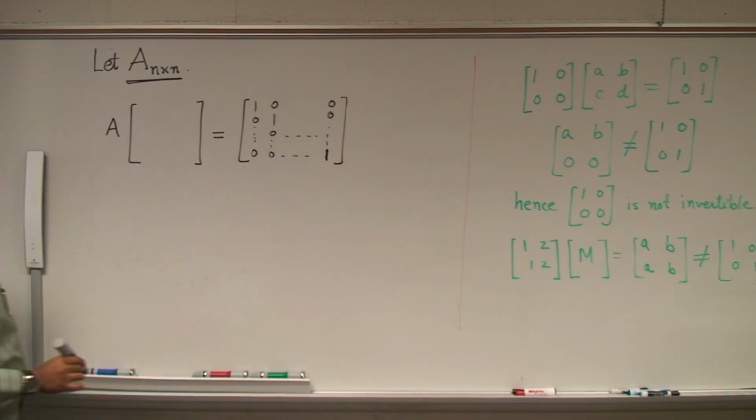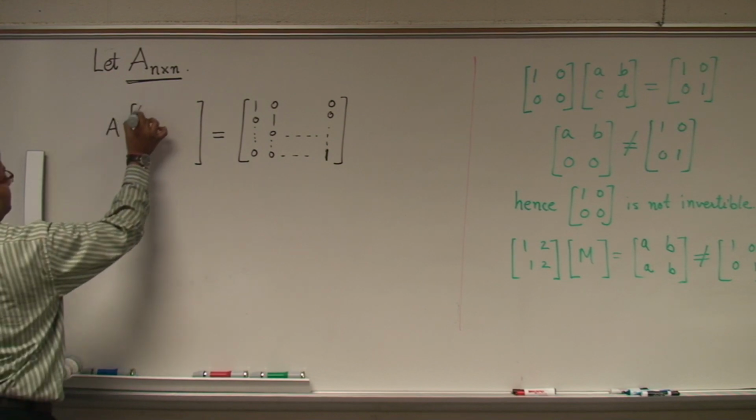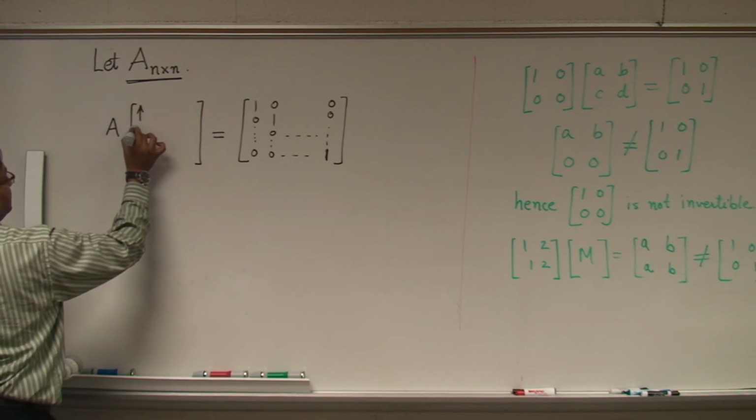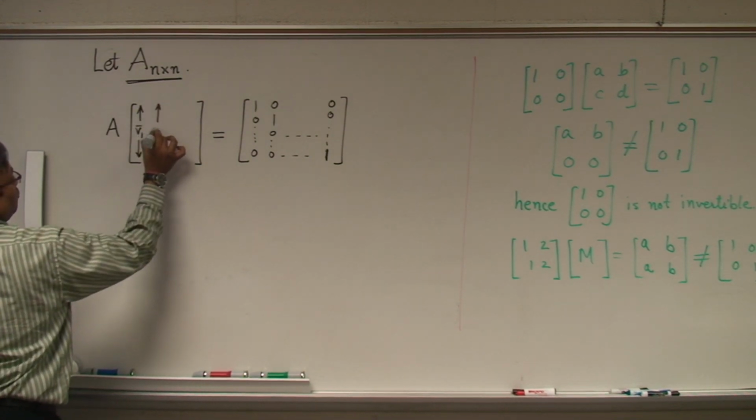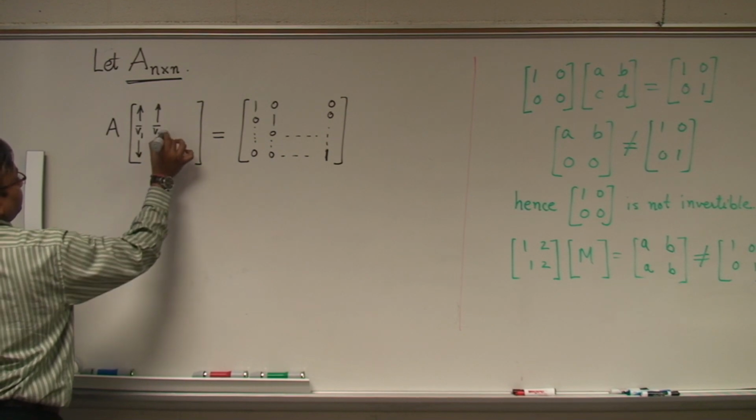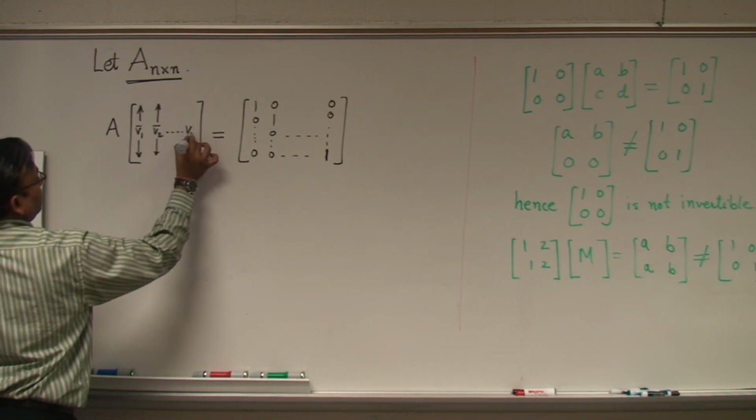This is what we want. Now the matrix that I'm going to multiply will have some vectors over here. So let me call them V1, V2, Vn.